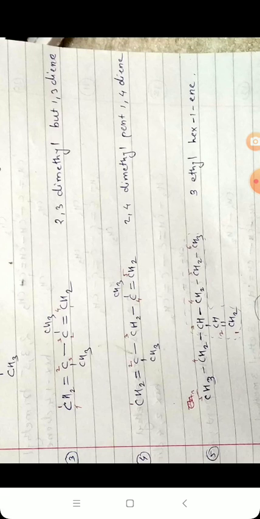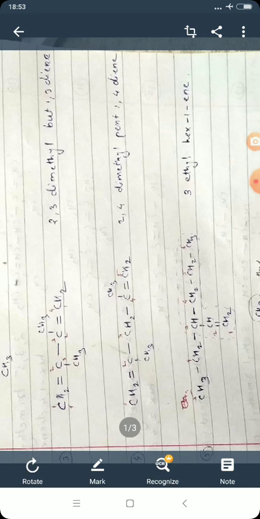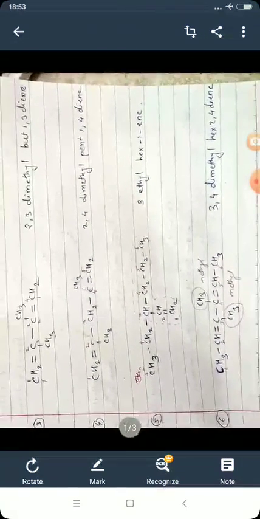So long chain is of 6 carbon, and third position possesses CH2CH3 substituent, which is called as ethyl, which is on third position. So it is called as 3-ethyl hex-1-ENE. Okay, 3-ethyl hexene.